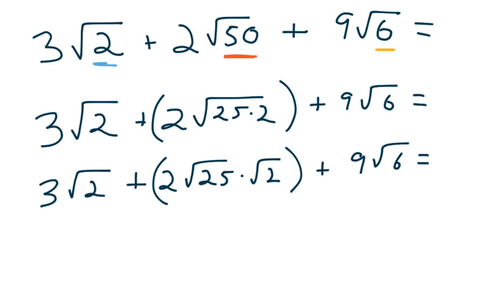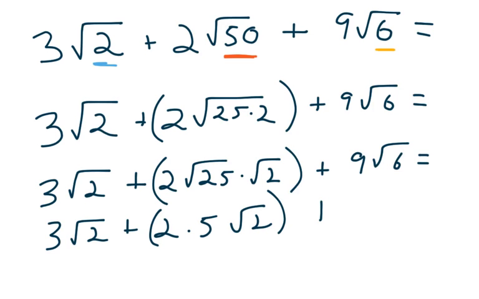And we know here that root 25 is 5. So we can say that's 3 root 2 plus 2 times 5 root 2 plus 9 root 6.